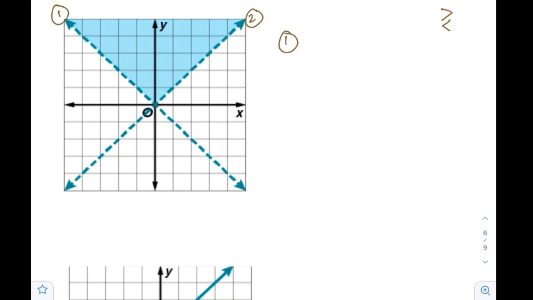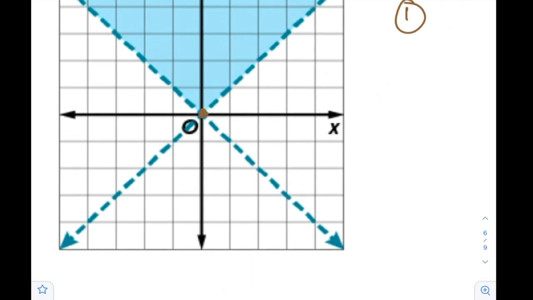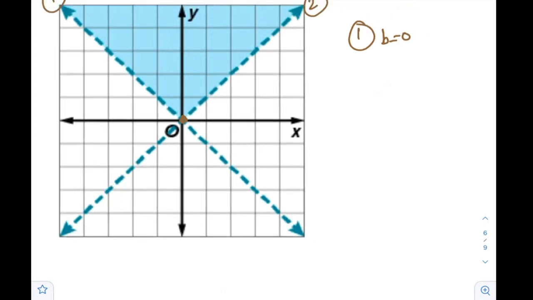Line number 1, the y-intercept is 0. Take 2 points. Slope is rise over run. It goes down, then right. So slope is -1/1.